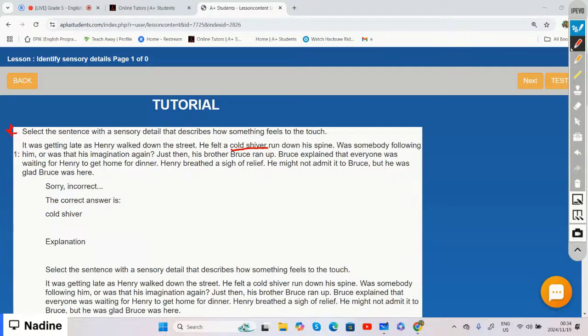When do you usually get that type of feeling? When we are happy, when we are sensing danger, when we are anxious, or how? So, when do we usually experience that cold shiver run down our spine?